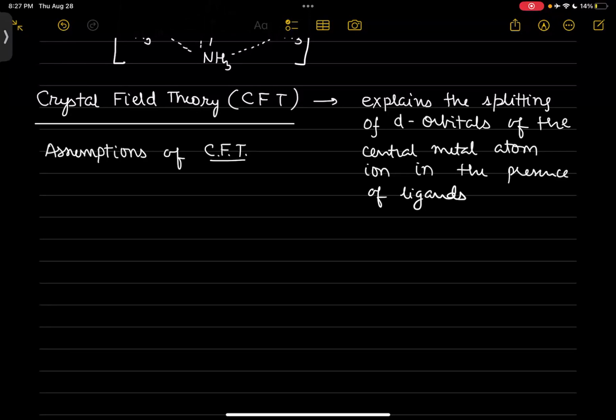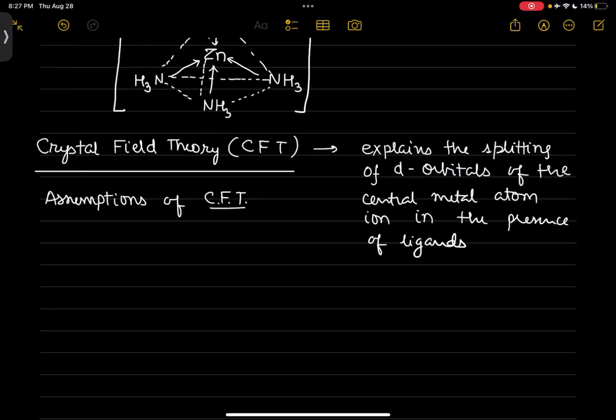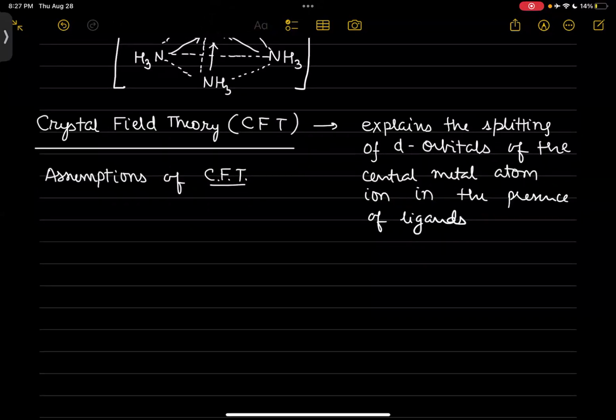Okay. There are certain assumptions in CFT, and they are not true, actually, because CFT doesn't explain anything about the assumptions. Regarding the assumptions, you can get the explanation from VBT. Okay. So actually they complete each other. There are some points which VBT explains to us, and there are some other points which CFT is able to explain to us, right?